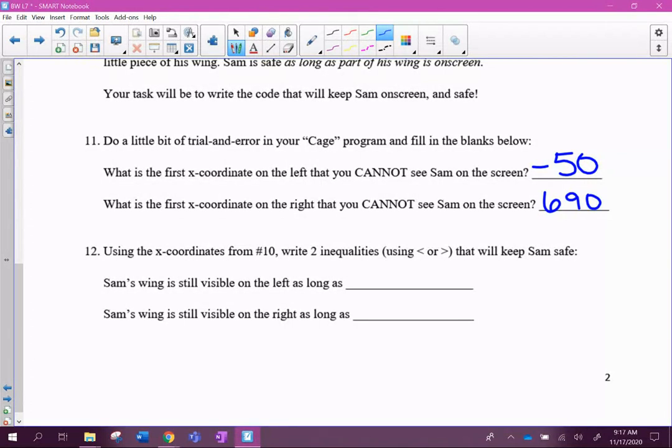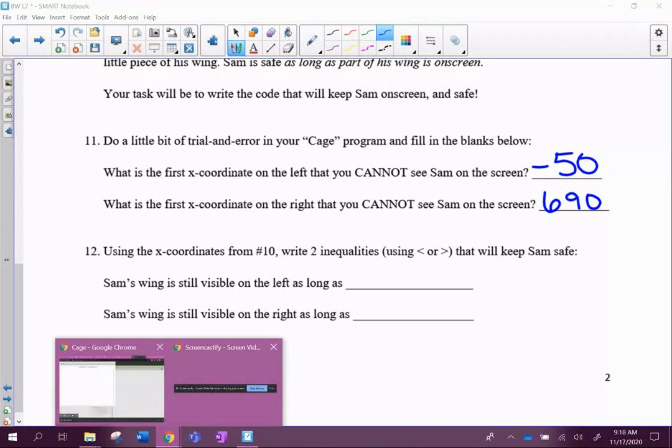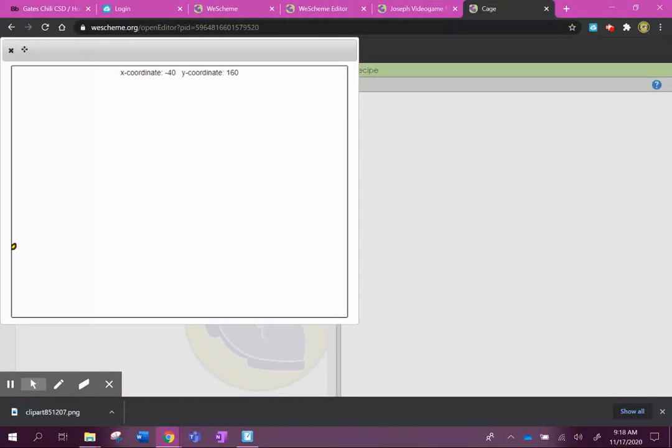So using the x coordinates from number 10, write two inequalities using less than or greater than that will keep Sam safe. In other words, Sam's wing is still visible on the left side of the screen as long as we think about this. Negative 40 is the last time I can see him, and all these x values are bigger than negative 50.